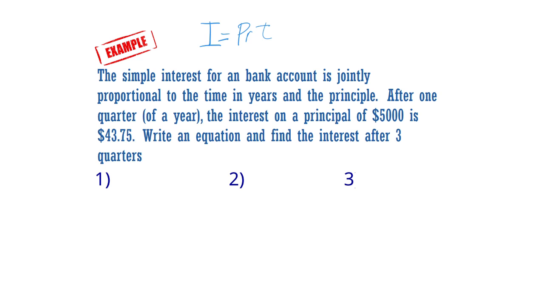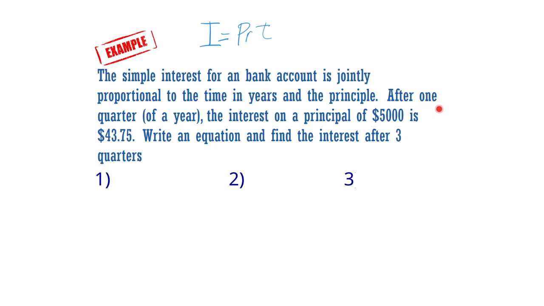Let's see how they're wording it. It says the simple interest for a bank account is jointly proportional to the time in years and the principal. If they're saying it varies by the principal and the time, they're making the rate be a constant then. It must have a constant percentage rate.